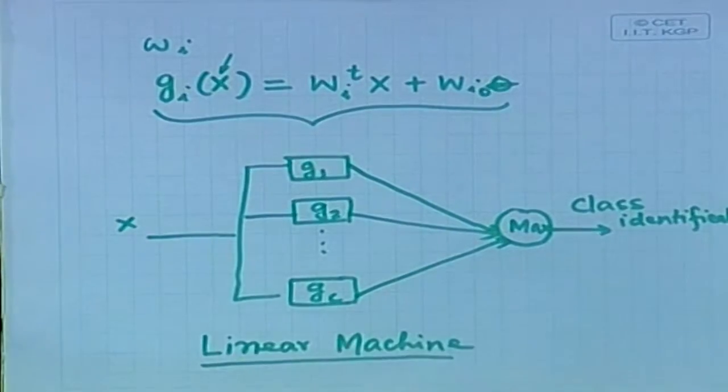But now we are talking about the non-parametric case, that is, we don't know the probability density function of the samples belonging to different classes. So is it possible to have algorithms like these gradient descent procedures to build this sort of linear machine which can classify a sample into one of the C different classes?